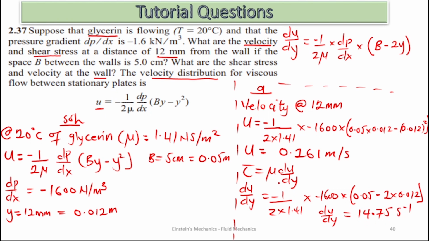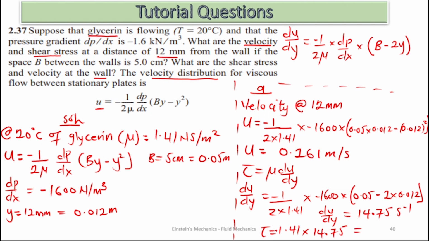So here, I'm looking for the shear. I know the value of mu. I now know the value of du dy. And so now my shear is going to be viscosity, which is 1.41 multiplying du dy, 14.75.